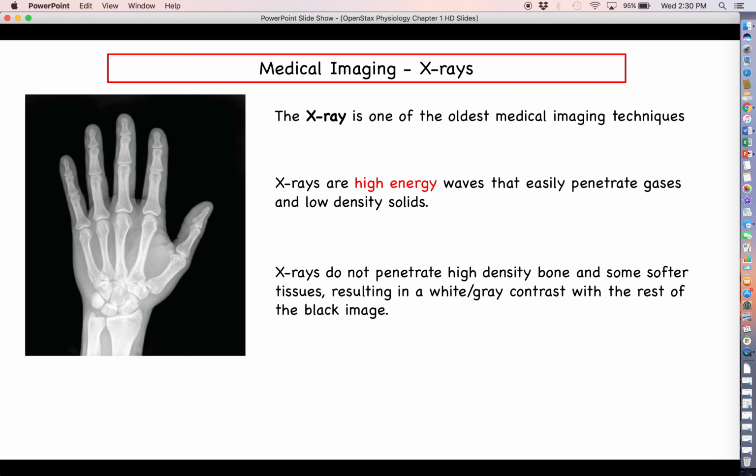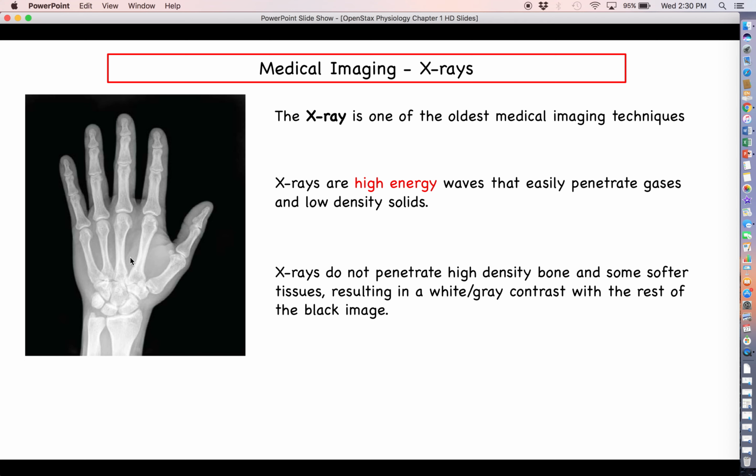However, X-rays do not penetrate high-density bone and some of the softer tissues inside, which means that if you take an X-ray of someone, what you're going to see is basically darker places where structures did not allow X-rays to pass through, so you can actually see some nice contrast here in terms of what did the X-rays pass through and what did they not pass through quite as well.